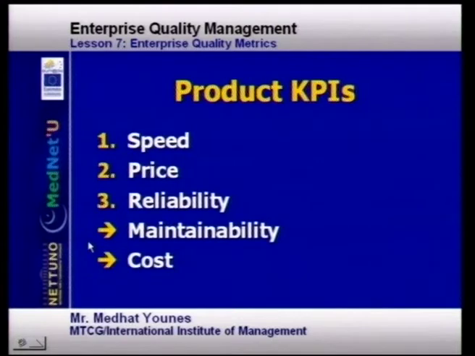The second type of KPIs is the product KPIs. Metrics should be defined on the basis of the most relevant properties of the specified product being developed.